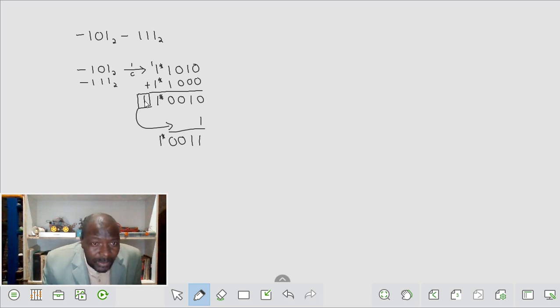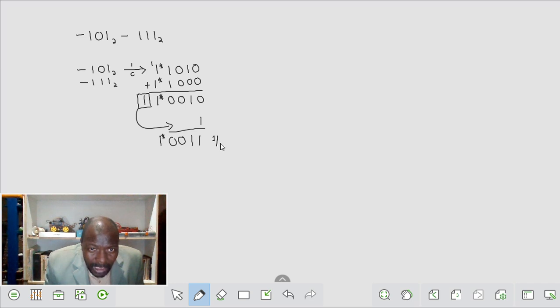Our answer had a carry. The final answer is negative. So what do we mean? Our answer is actually in 1's complement. Sorry, we are doing 1's complement, so it's 1's complement, not 2's.